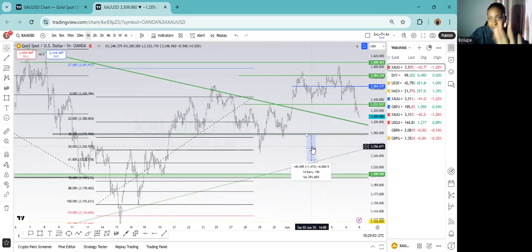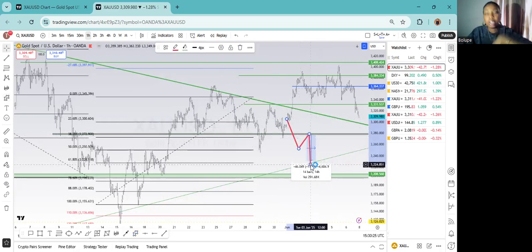So I kept this here throughout the week, don't mind how many lines were on my chart. Last week gold was popping, so I was popping with it. I kept this here because I said in that video that when we're going to watch for, I think we're around here, what I am looking for, if price is going to go down, is for price to come all the way here.